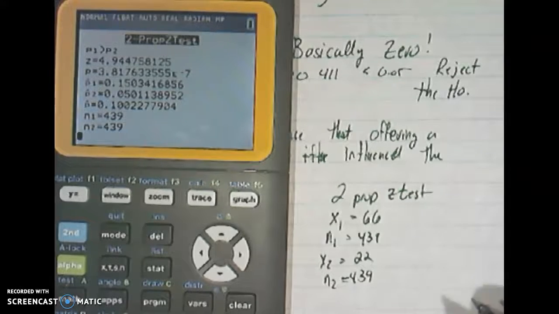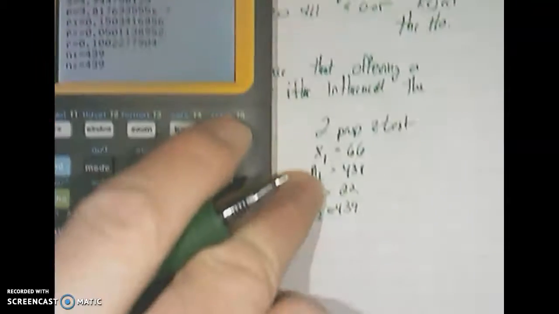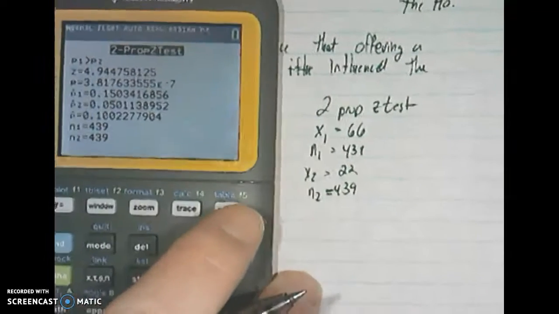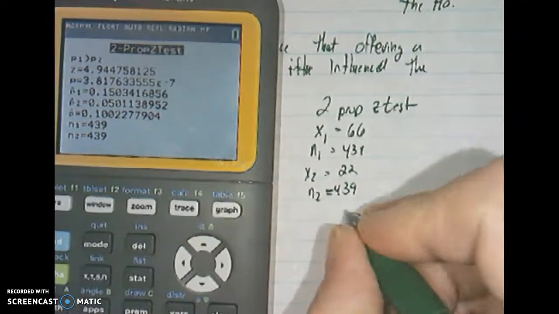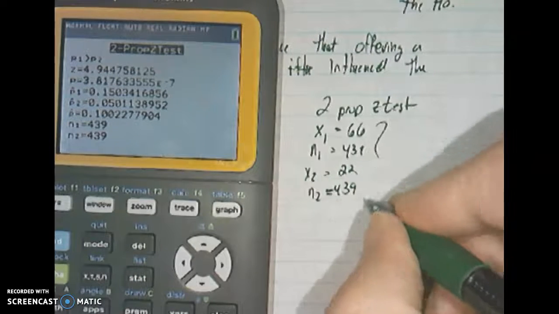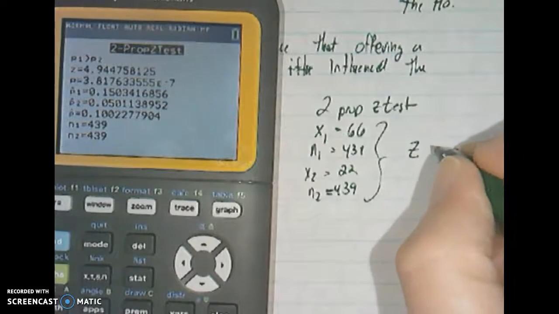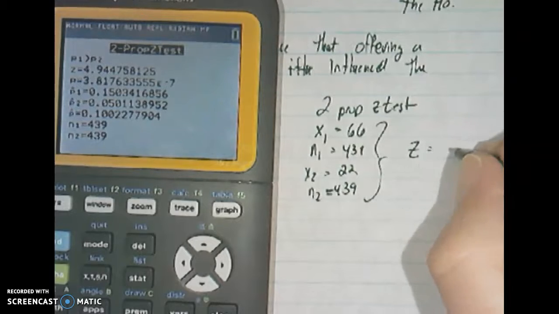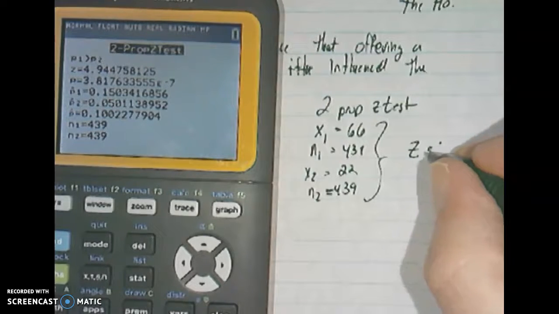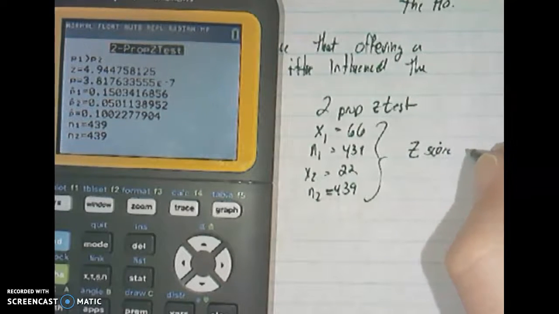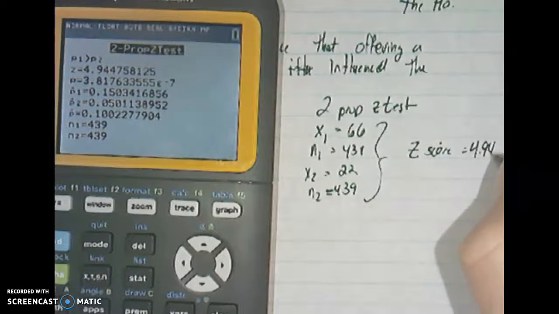So then I can calculate it. One thing that was given to me as a teacher's tip is to make sure that you state that from this you would get a z-score is equal to 4.94, which is close to our 4.93.